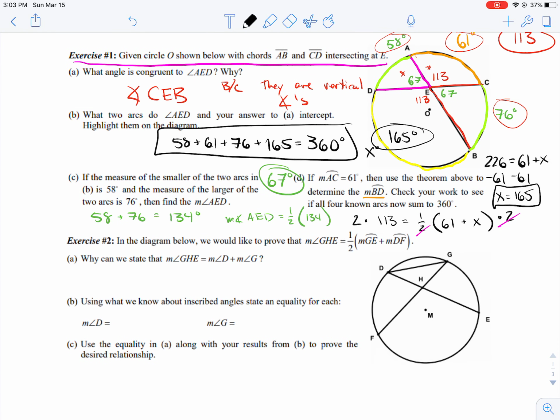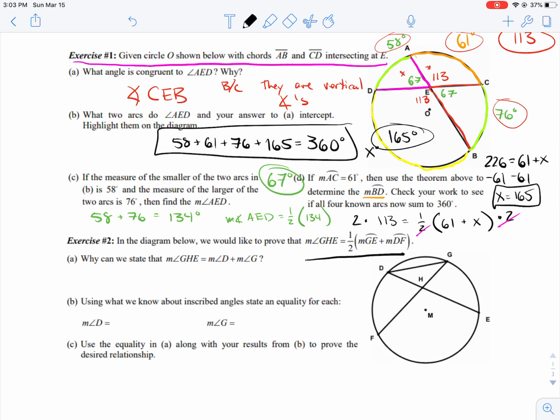So here we are. In diagram 2, we would like to prove this property right here.